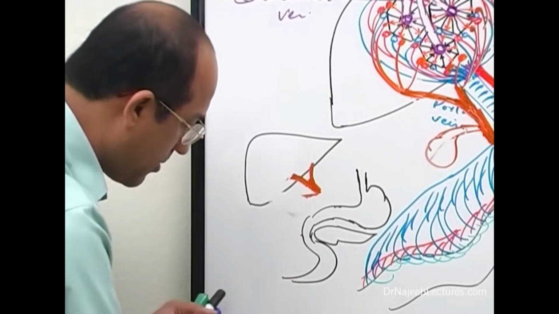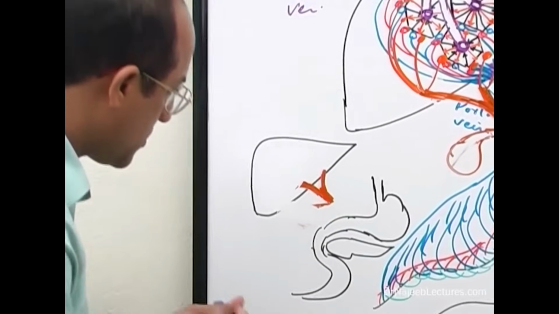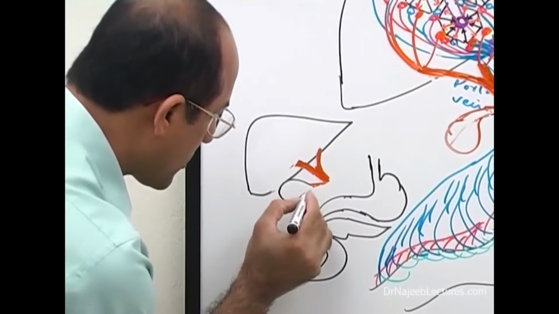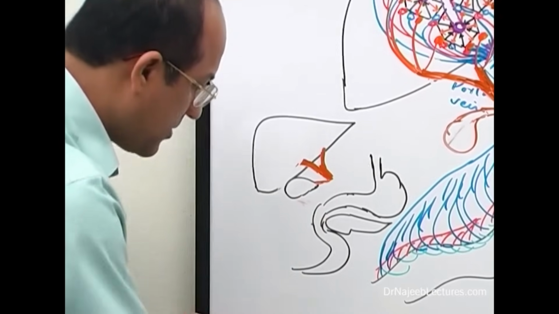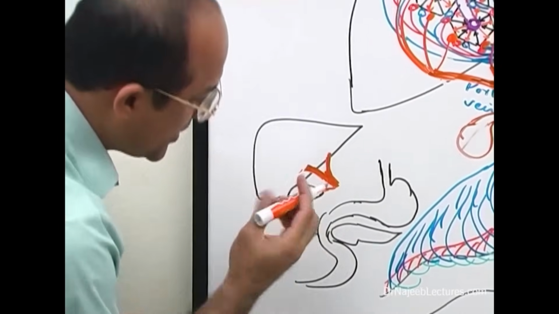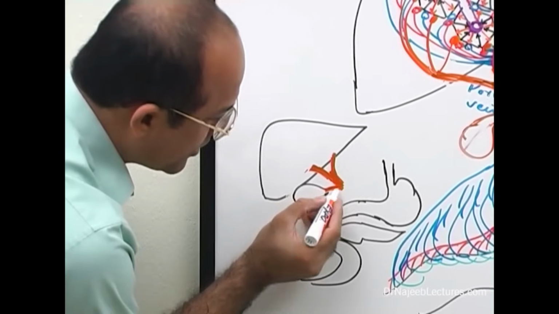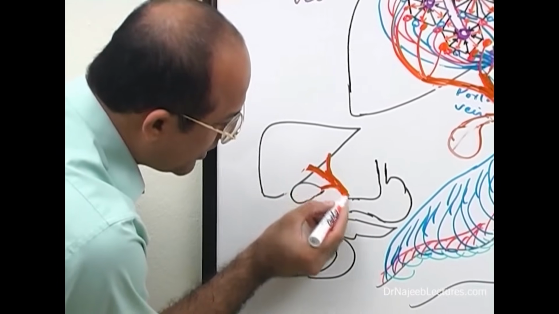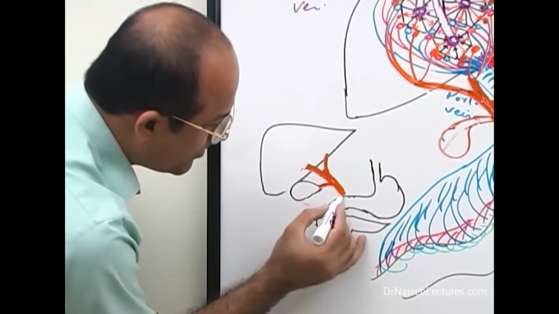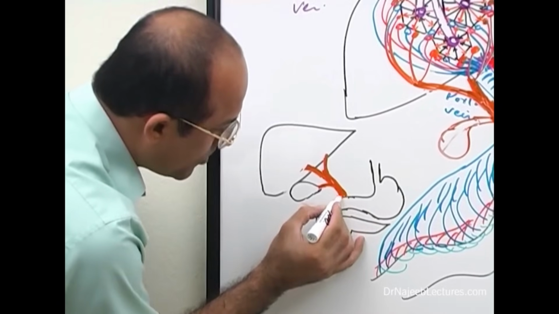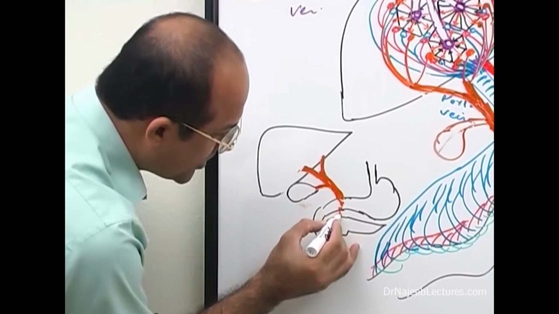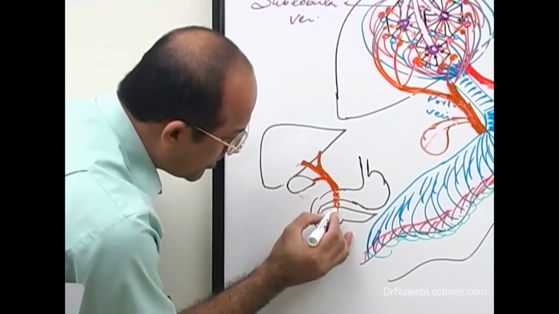I will make the gallbladder here, and from the gallbladder, what is coming here? Cystic duct. And now all this together is called common bile duct. It is coming behind the duodenum, of course, coming to the pancreas.